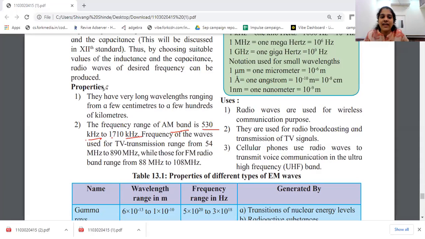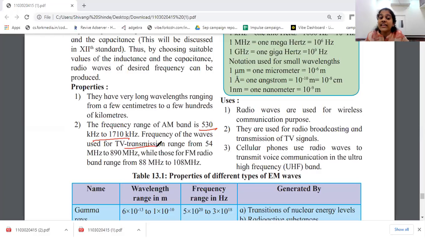Students, this second point is very important because you are supposed to remember these values. They might ask these values in an MCQ, and if they ask you to write a short note on radio waves, then you have to mention this.